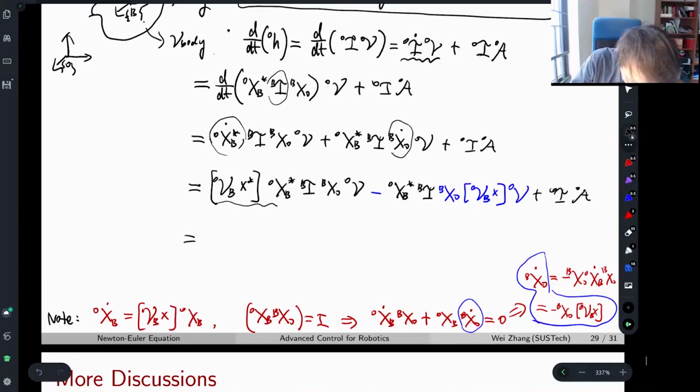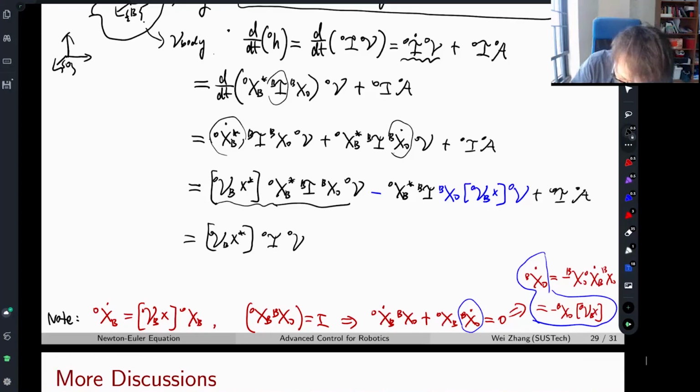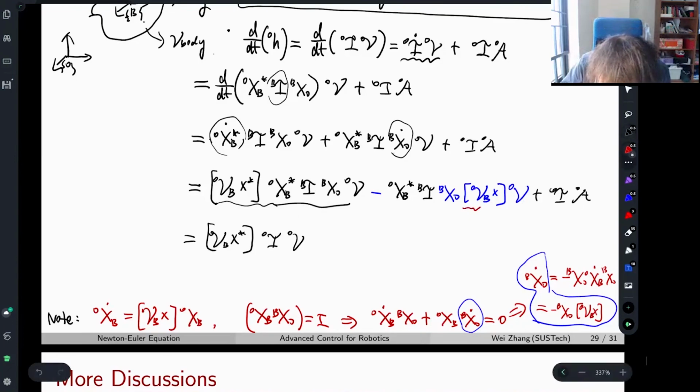Overall, this term is V_B cross, the spatial force cross product, times this. This actually is I_O, since we changed coordinates, times V_O. That's how the term simplifies. And for this other term, you find that V_BO, V_B cross, is also V_B.